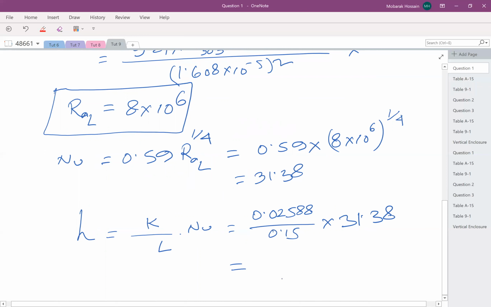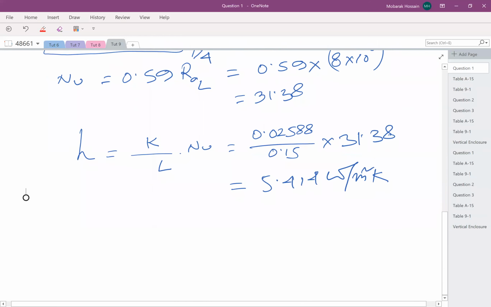So it will be 5.414 watt per meter square Kelvin. Okay, now we got the heat transfer coefficient.